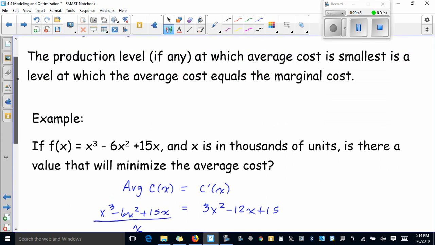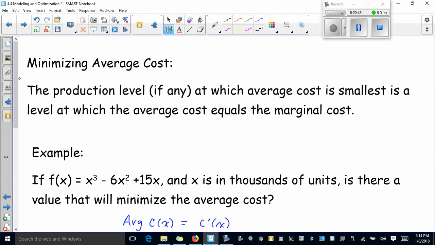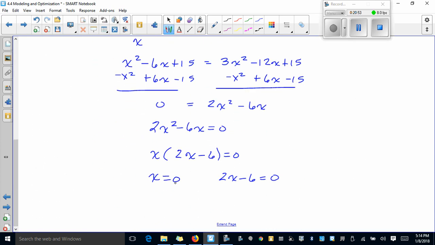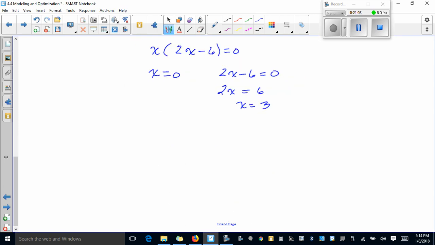Now we want to verify that this is actually going to minimize. So we have 0 to 3, and then 3 to infinity. Test points, let's make these 1 and 4. We go back up here and use the derivative, the 3x squared minus 12x plus 15, so f prime of x.